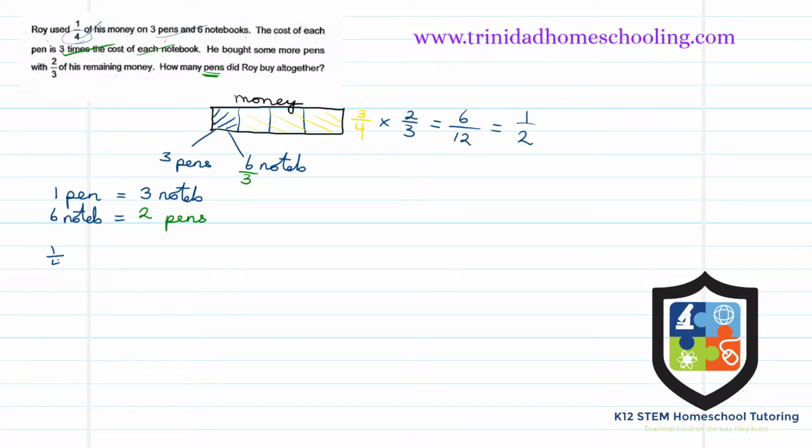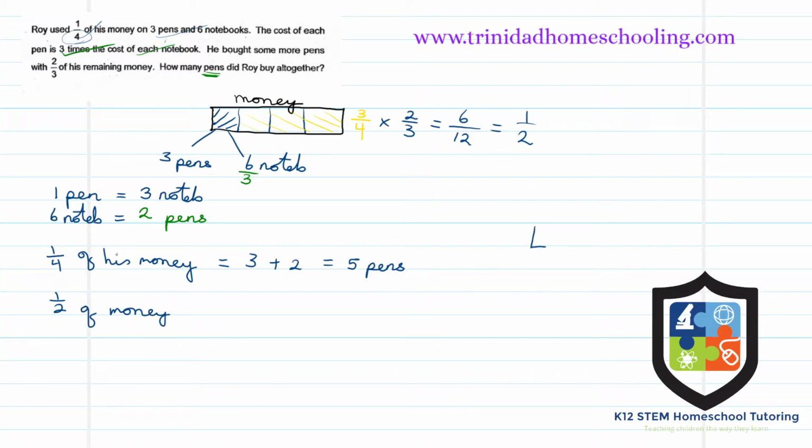Now, if a quarter of his money was able to buy 3 pens plus 2 more pens, a total of 5 pens, a quarter of his money could buy 5 pens.